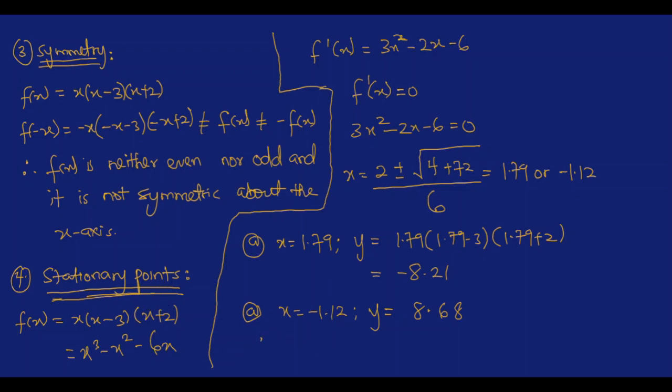The next thing is we want to perform the second derivative test. That is, f prime prime of x now becomes 6x minus 2. So since we know that f prime prime of x is equal to 6x minus 2, then at x is equal to 1.79, we have that f prime prime of x is equal to 6 multiplied by 1.79 minus 2.